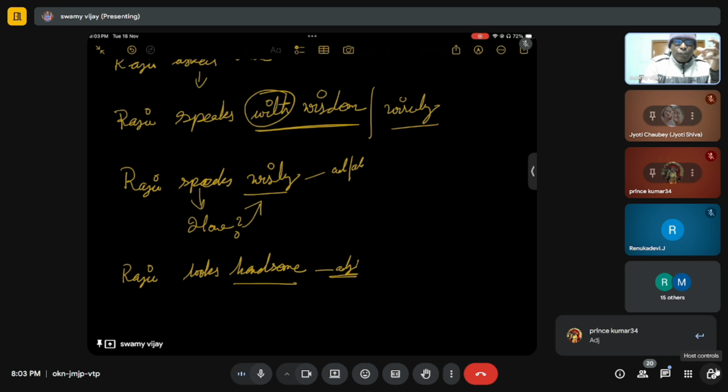If you get confused in the examination hall whether a word is an adverb or an adjective, to find out, use it in a sentence. Raju speaks wisely. Raju looks wisely. Whether it is appropriate, it doesn't suit. So if an adjective doesn't suit properly, though it looks like an adjective, it is actually an adverb.